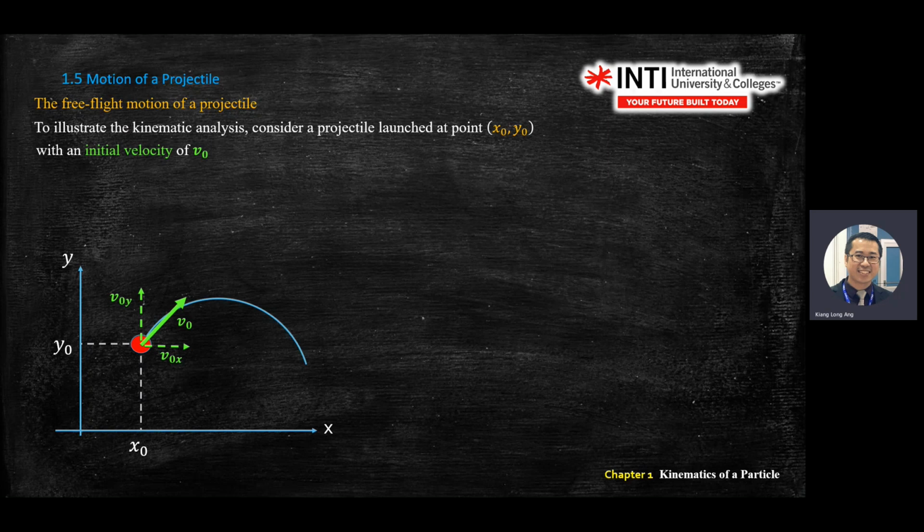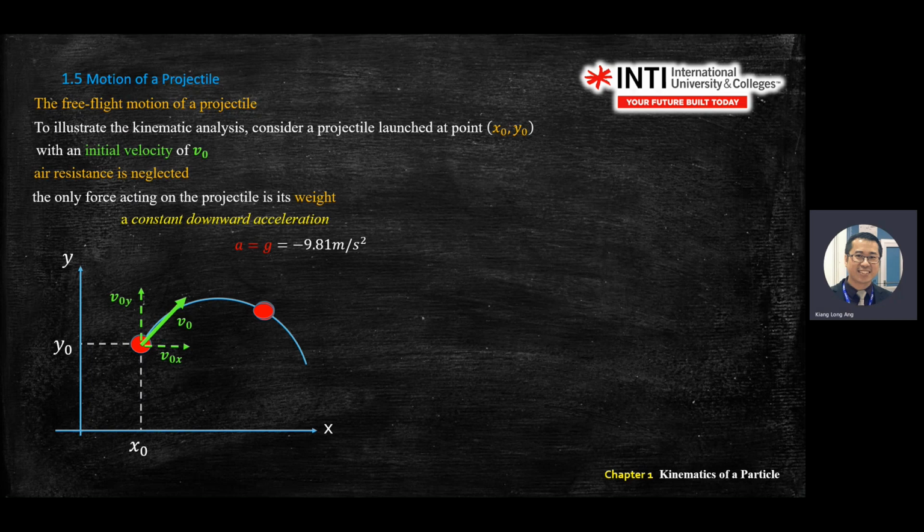Since we are talking about projectile, it will look like a curve, and with a curve you deal with a quadratic equation. Let's say this particle moves along the projectile curve, and it will give you a new vector.